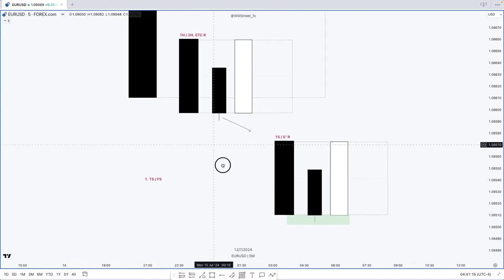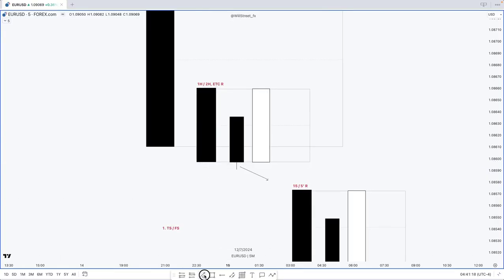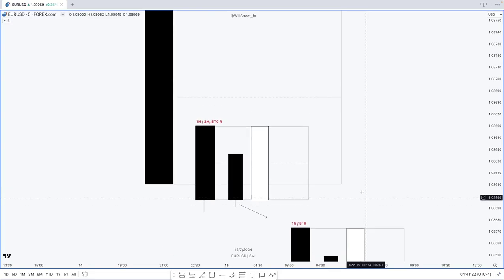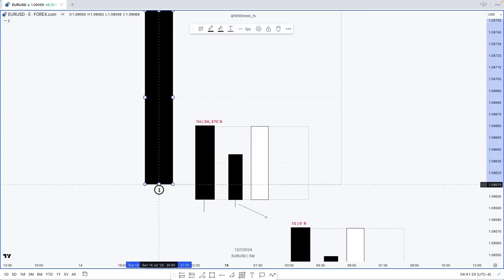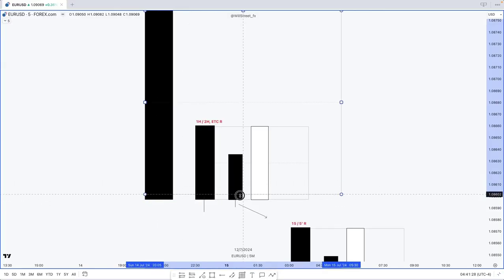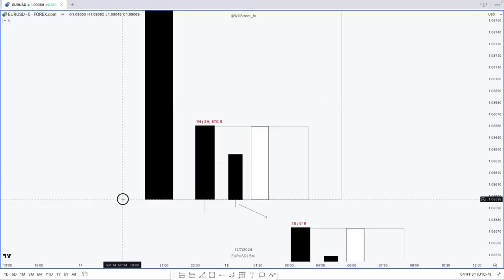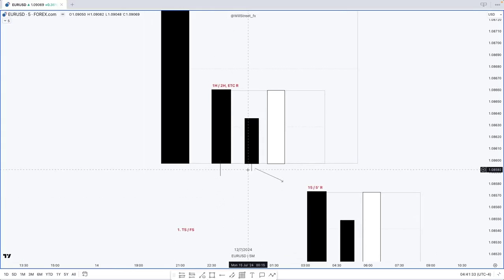Imagine the 1 hour chart looks like this. This is a failure swing, but look where we are. This will be something like this. Sorry. Here. This is the failure swing, but the turtle soup of the range has been made. But when we refine, we see that there is a turtle soup. Or here, imagine.